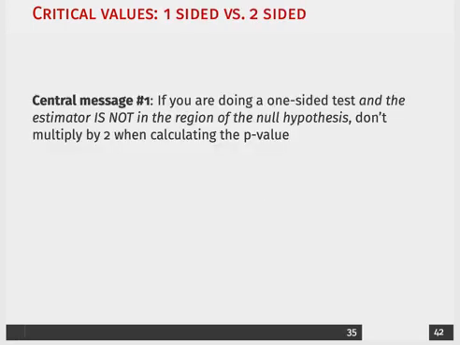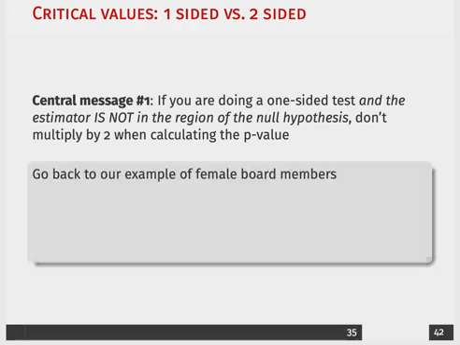Typically, the rule of thumb is that if you're going to do a one-sided test and the estimator is not in the region of the null hypothesis, do not multiply by 2 when calculating the p-value.